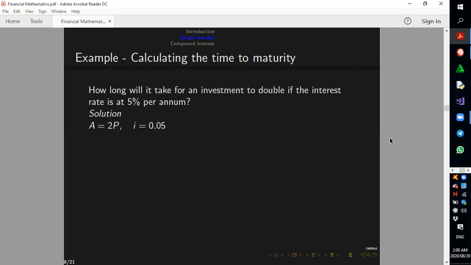Now, we've got A, which we are told, we don't know what P is, but whatever the value of P is, A is 2 times that.